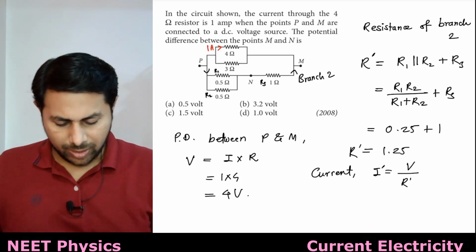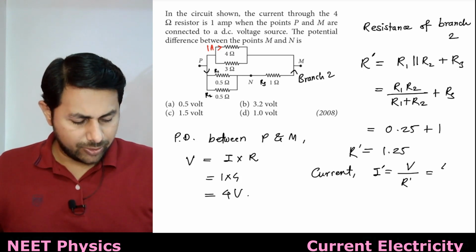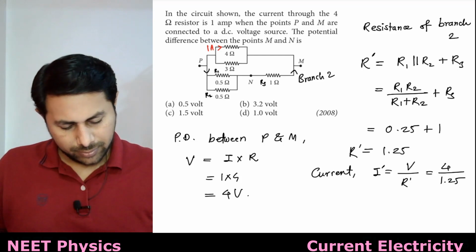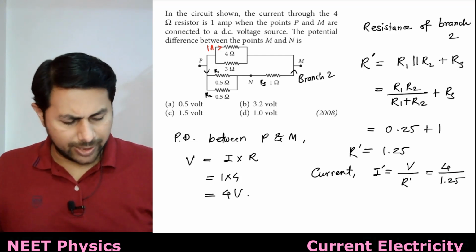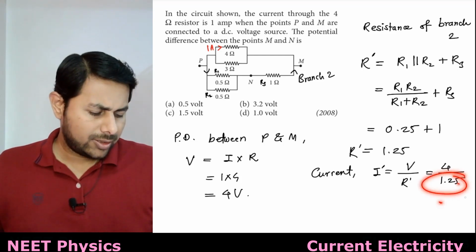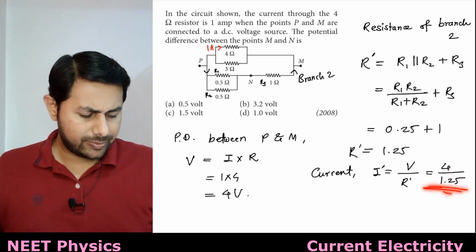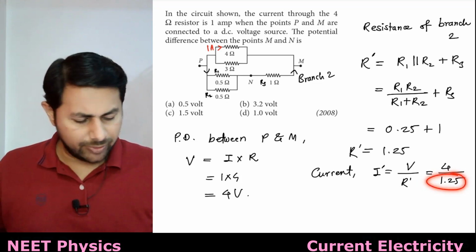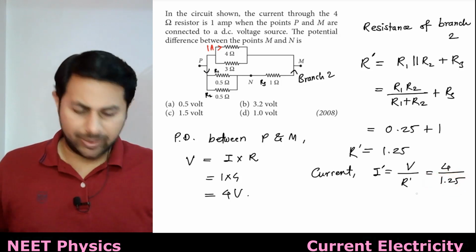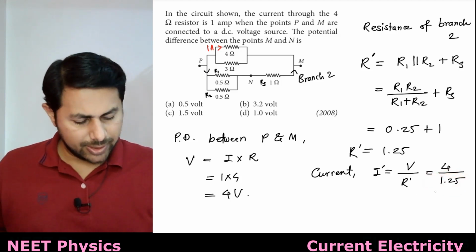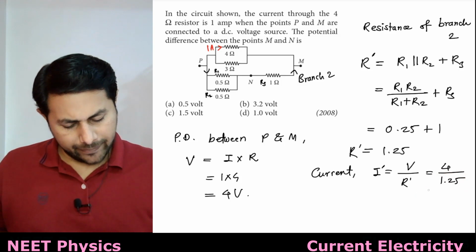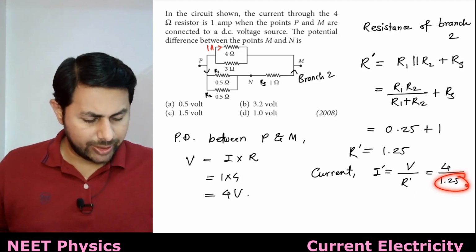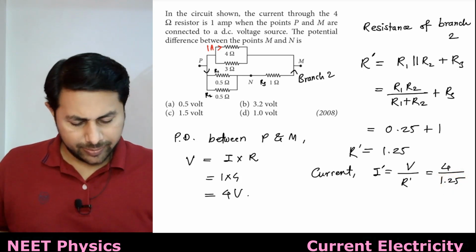How much is that? So it's 4 divided by 1.25. It should be greater than 3, I guess, but less than what? Less than 4, of course.